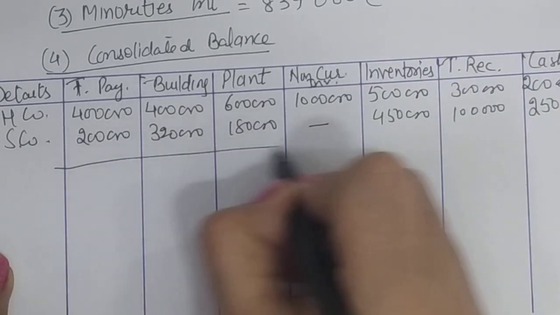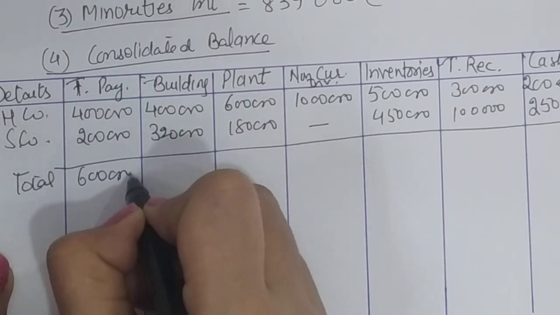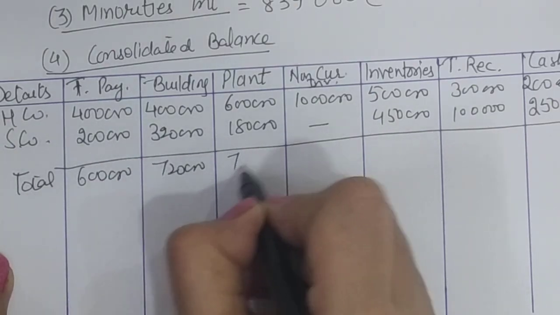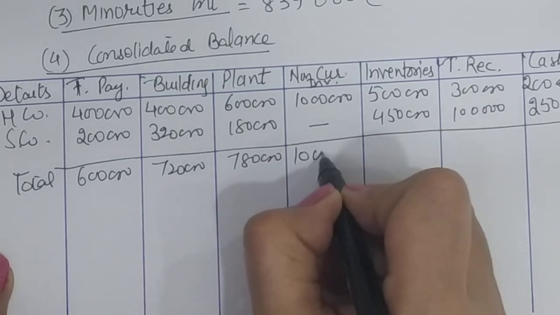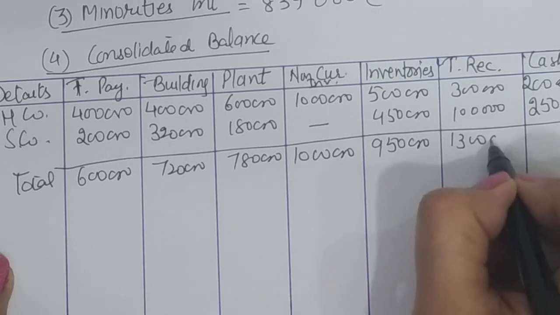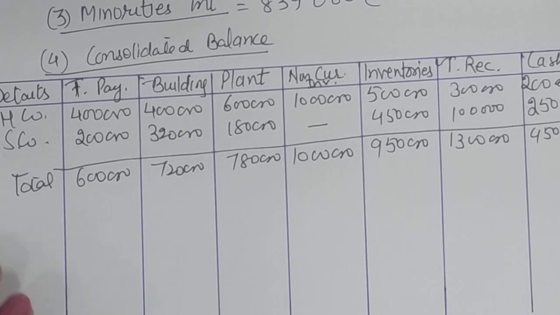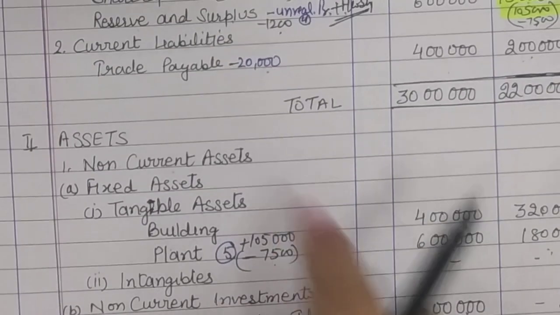So the total is 6 lakh, 720, 780, 10 lakhs, 9,50,000, 13 lakh, 4,50,000.